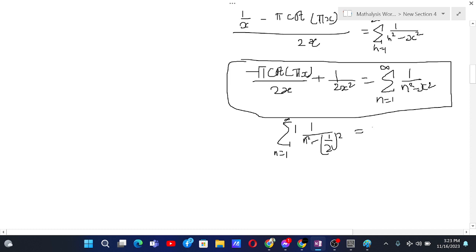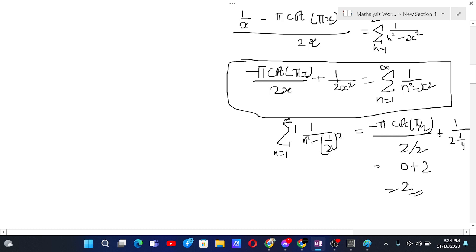In that case it would be minus pi cot pi by 2, by 2 by 2, plus 1 by 2 times this, which will be 1 by 4. Now cot 90 degrees is just 0, so this is 0, and the 4 goes on the top, and we have 4 by 2, that's 2, so this will be just 2.